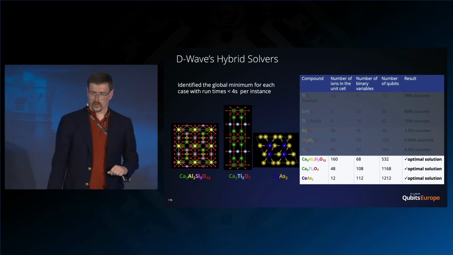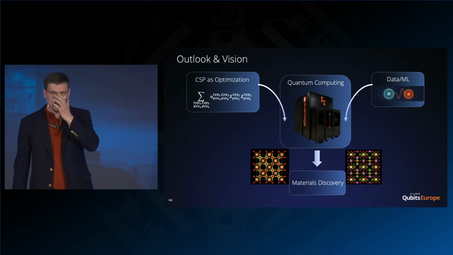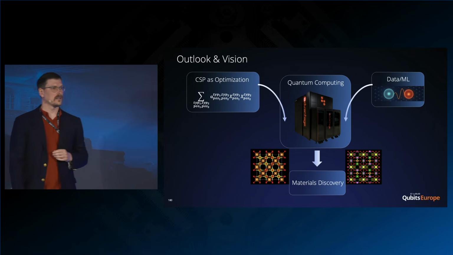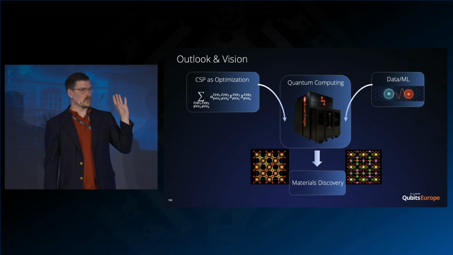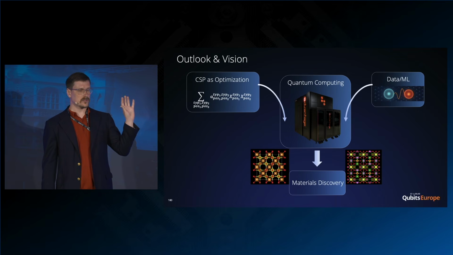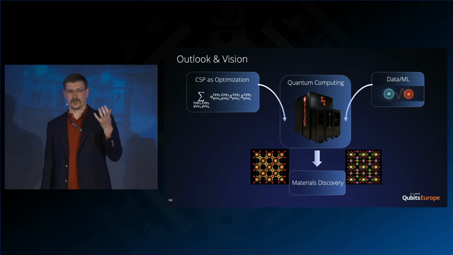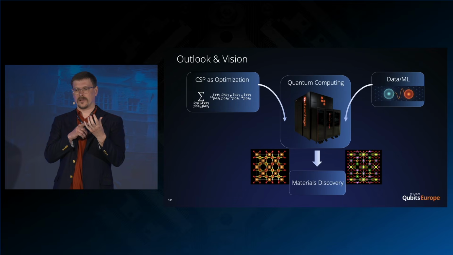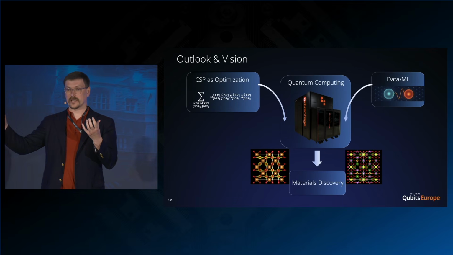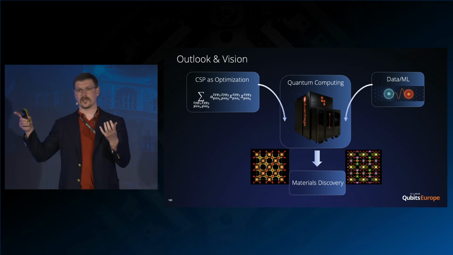Okay, so what did I tell you today, in one slide? One thing is that we can frame material prediction, the crystal structure prediction problem, as an optimization problem, right? And by relying on that, we can empower it with data-driven and machine learning methods.